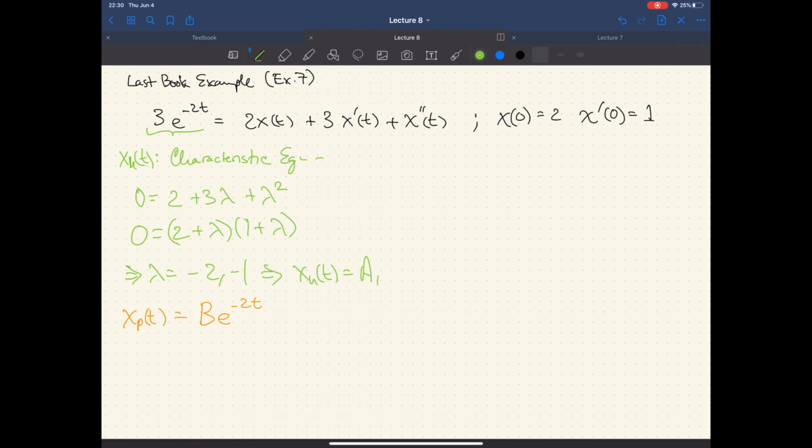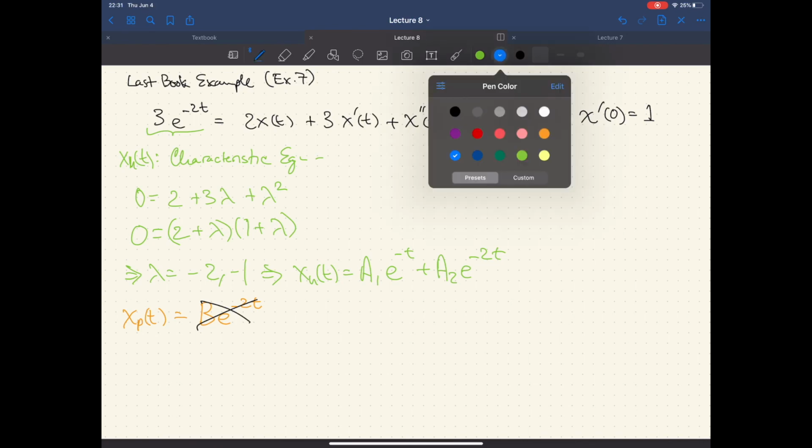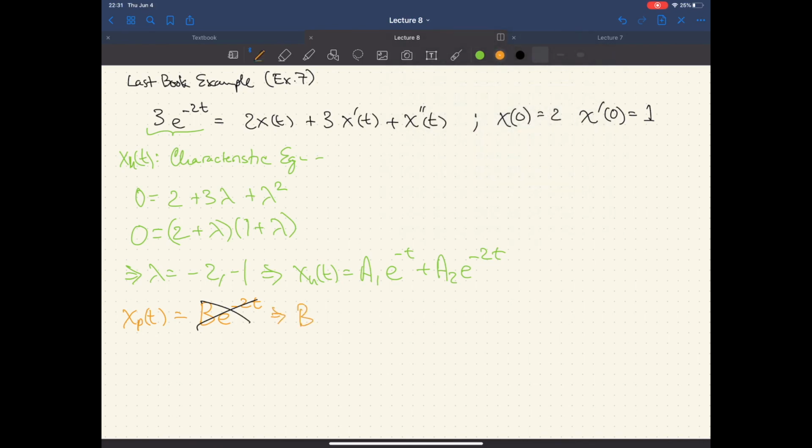So this is actually equal to a1 e to the minus t plus a2 e to the minus 2t. Now you can see the contradiction pretty clearly. That's not going to work. This form matches this guy. So we need to modify that. So this becomes bt e to the minus 2t.